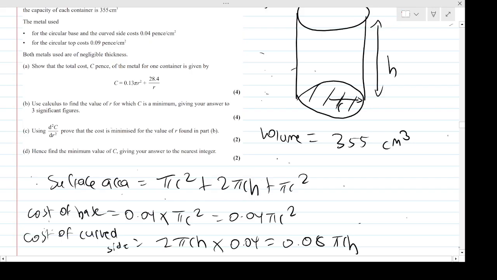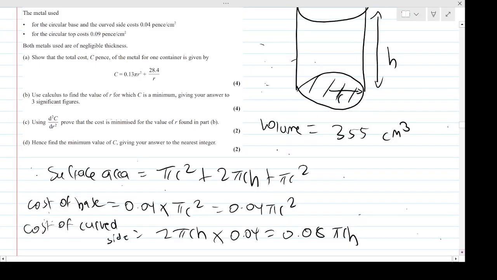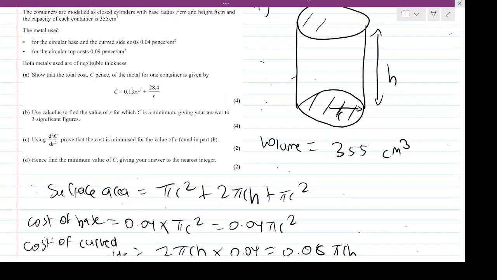And lastly, I need to find the cost of the top face here, the top circle. We're told in this case the circular top costs 0.09 pence per centimetre squared.